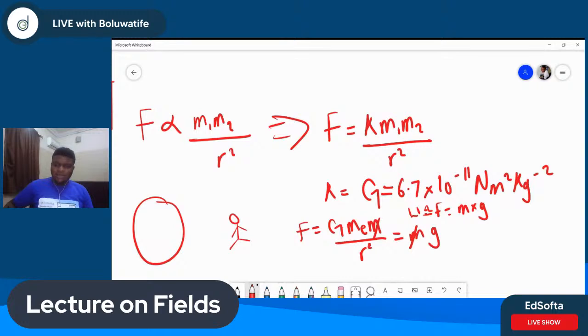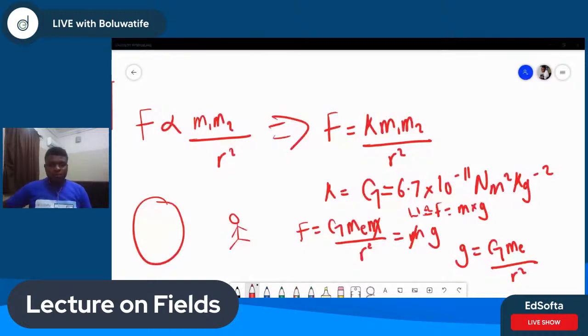What that tells us is that acceleration due to gravity is calculated as the gravitational constant times the mass of the Earth over the distance. That is how we arrived at our acceleration due to gravity.